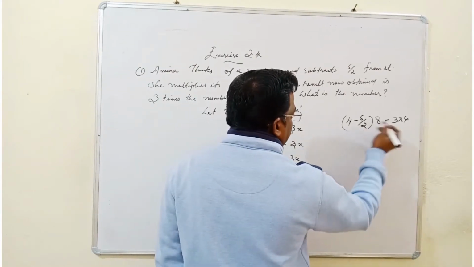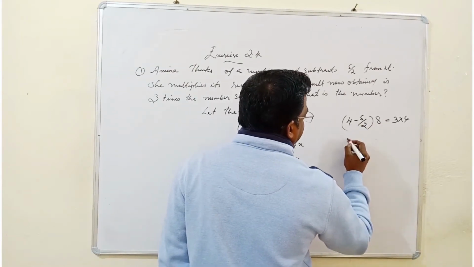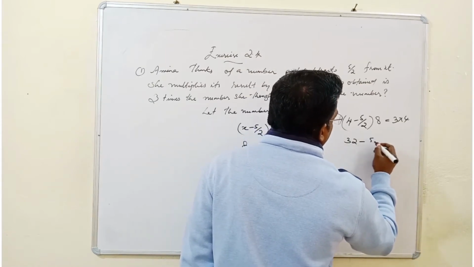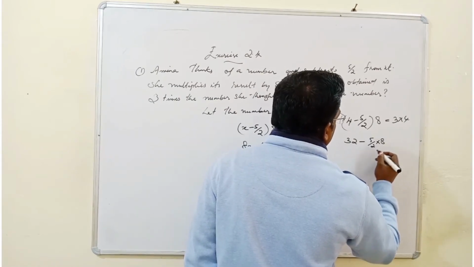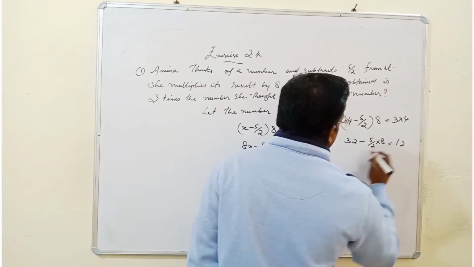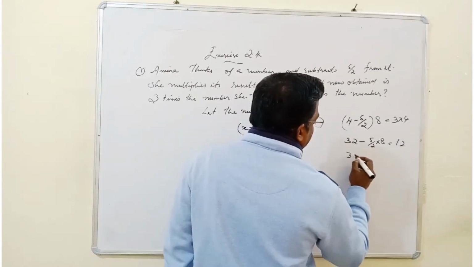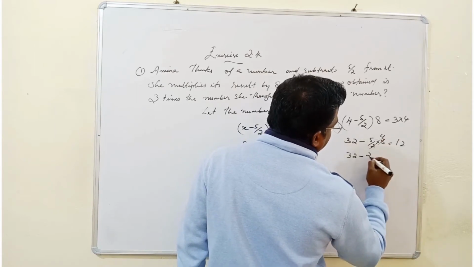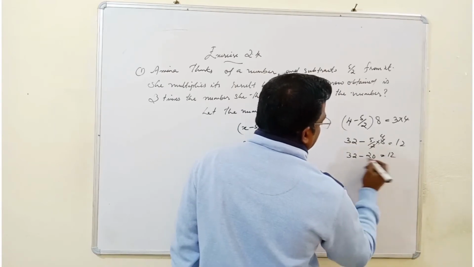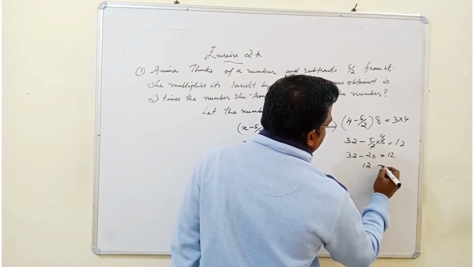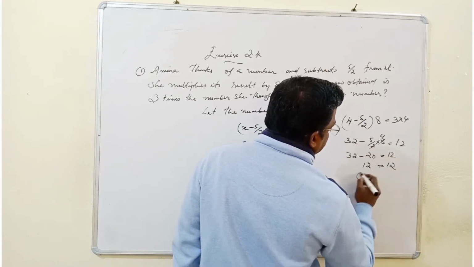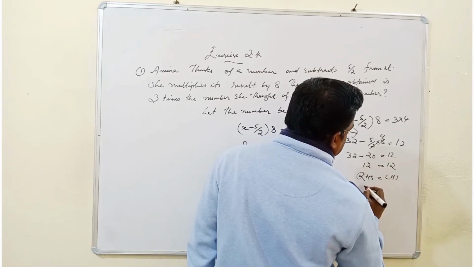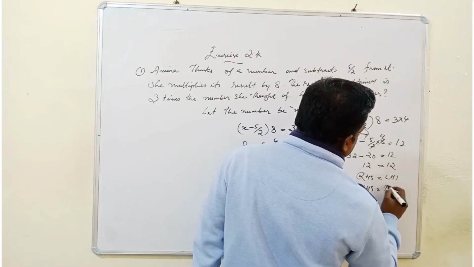So here, 8 into 4, 32, minus 5 by 2 into 8, which is 20, equals 12. 32 minus 20 is 12, so 12 equals 12. So RHS equals LHS.